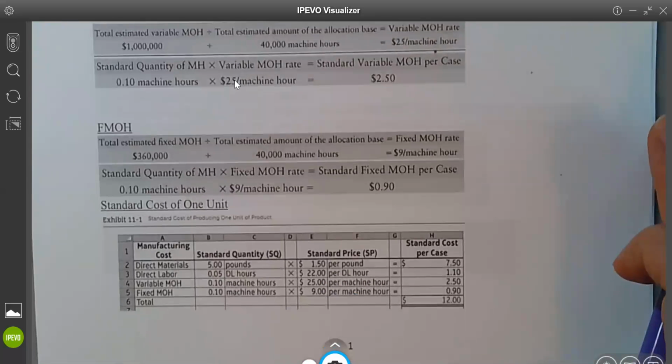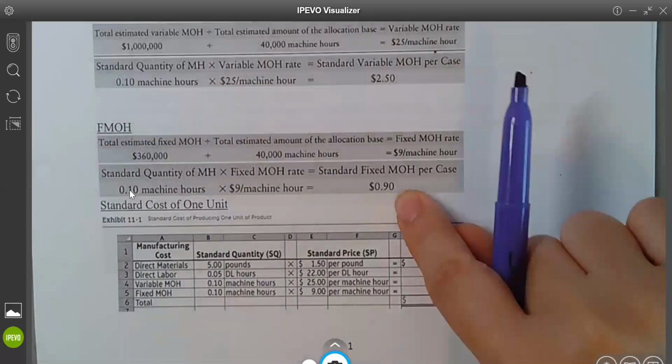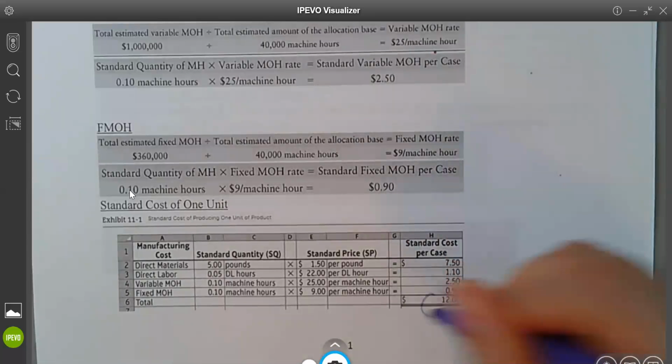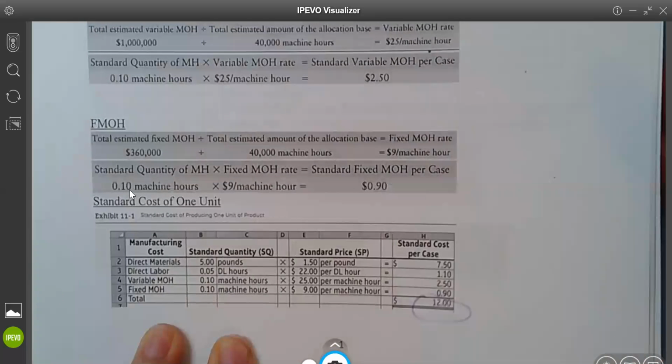And then we also have a fixed manufacturing overhead. We do the same thing: you get the rate, you times the number of machine hours, and you get your standard fixed manufacturing overhead per case. So based on the standard, everything works perfectly fine. Our standard cost is $12 for each one.